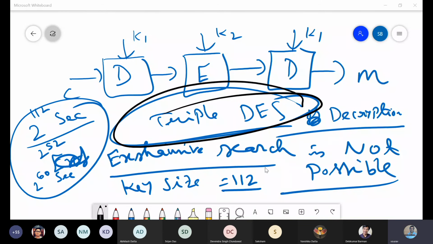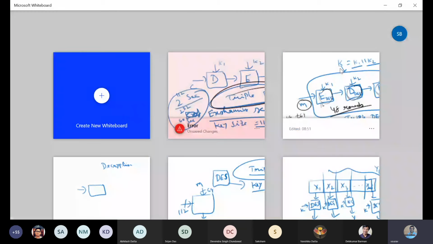Will you use it? Yes or no? No. Why is it not a popular one? See, apart from this generic attack, we have other attacks also, non-generic attacks.